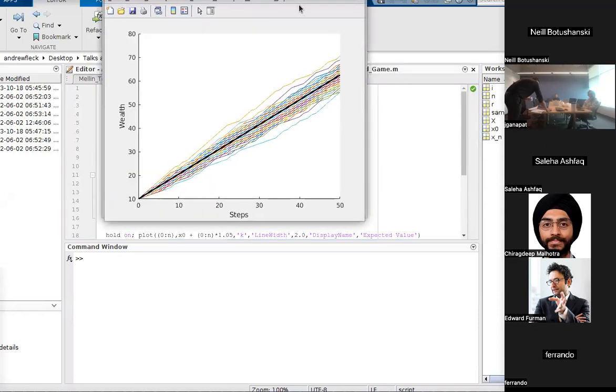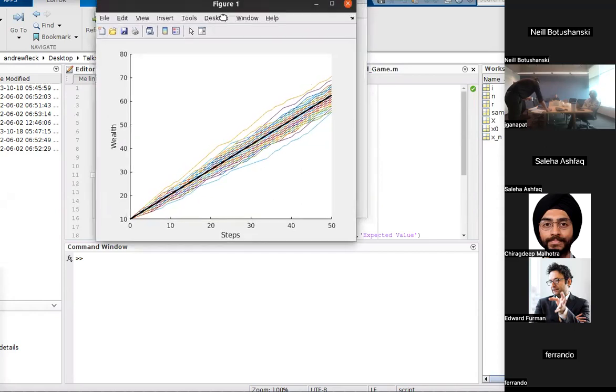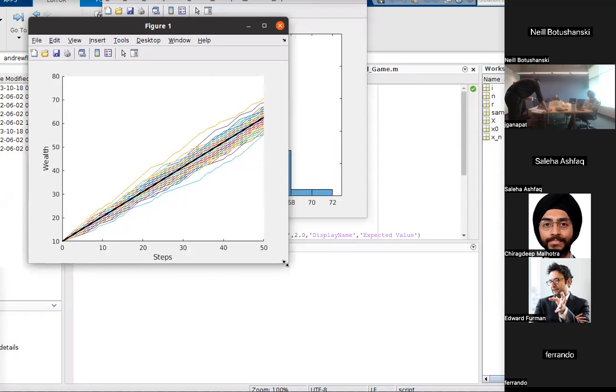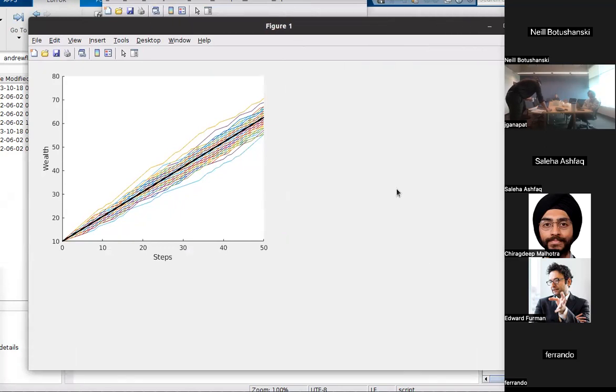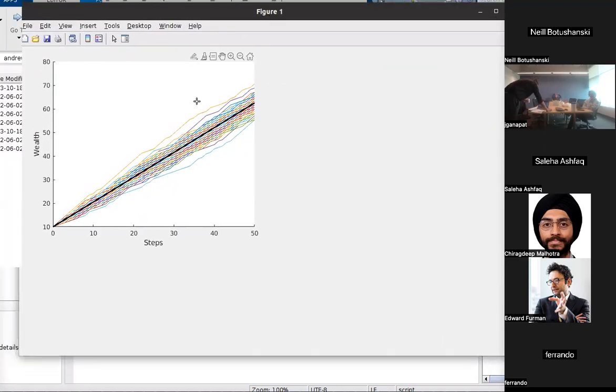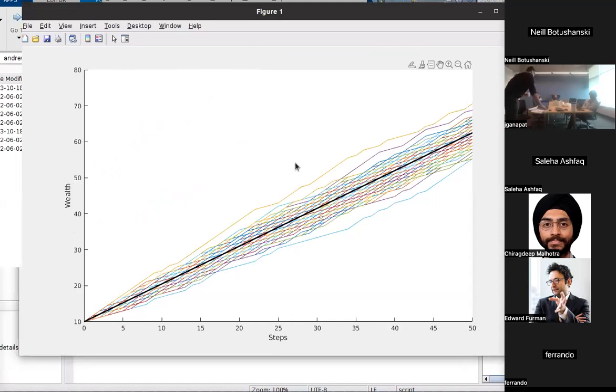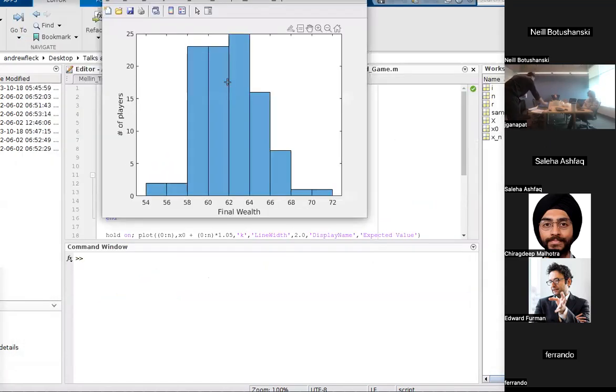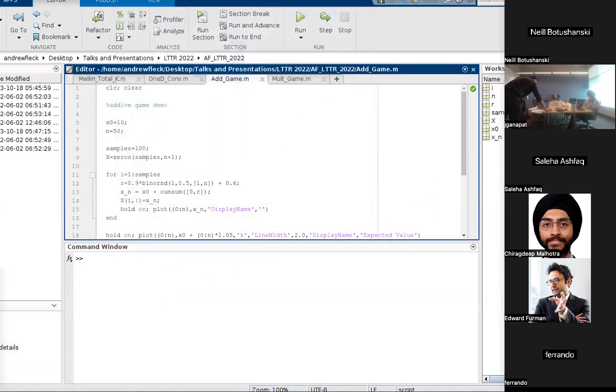Here we go. This is what the paths in your additive game would look like, where the black line is your expected value, right? So your paths hug very close to your expected value. It does give you a typical outcome. If you look at the histogram of final wealth, they cluster around your expected value. Everything works as you would expect.